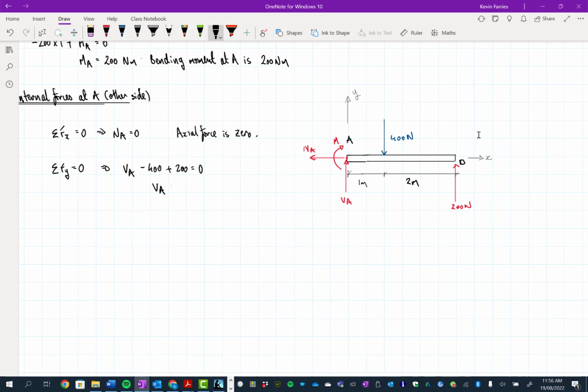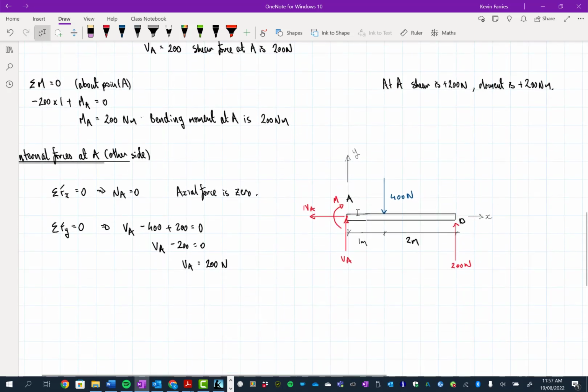VA minus 200 is equal to 0. Therefore, VA is equal to 200. So this is drawn on the correct way. We've got a positive result, and it's in kilonewtons. No, it's not. It's in newtons. So it's drawn on the correct way.